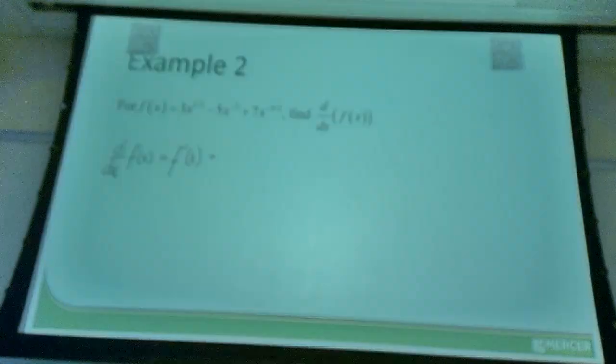Right, now we'll go term by term. X to the 1/2. Power is a half. Bring down the power. Multiply by 3. What's a half minus 1? Negative 1/2.